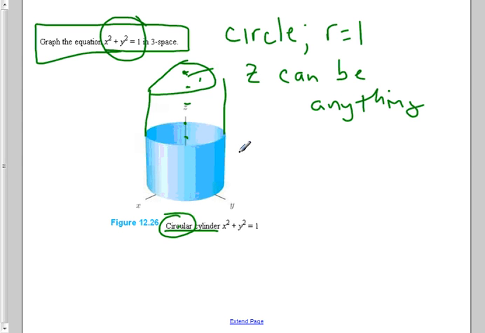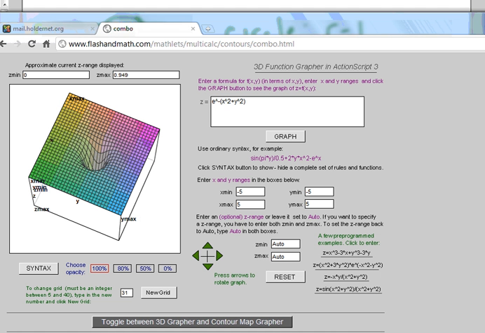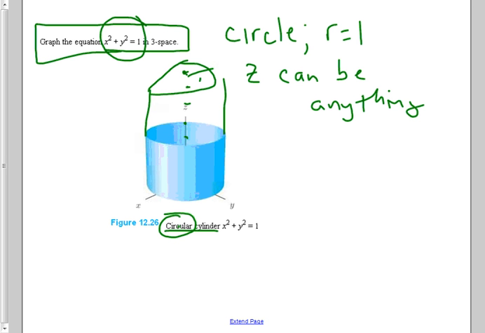So let's get an example or two of that here. How do we graph that? Let's imagine that we're graphing z squared plus x squared equals 4.